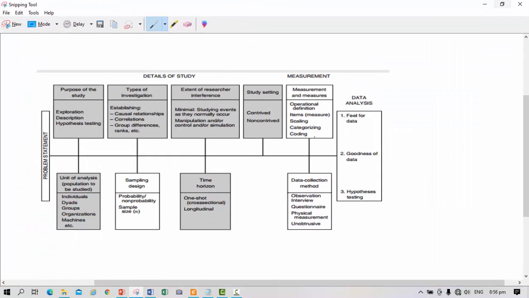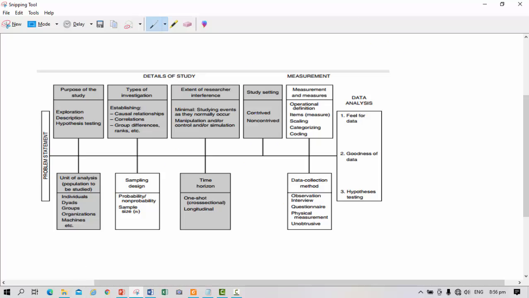So, after deciding whether the study is longitudinal or cross-sectional, the relevant data for that study is collected.